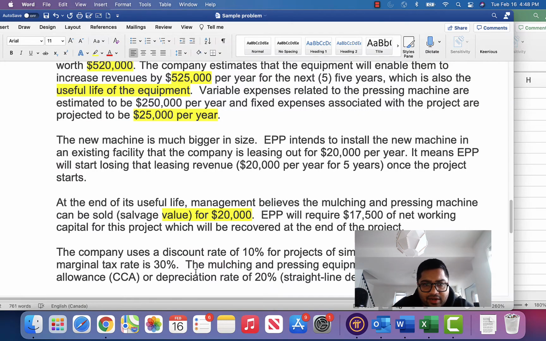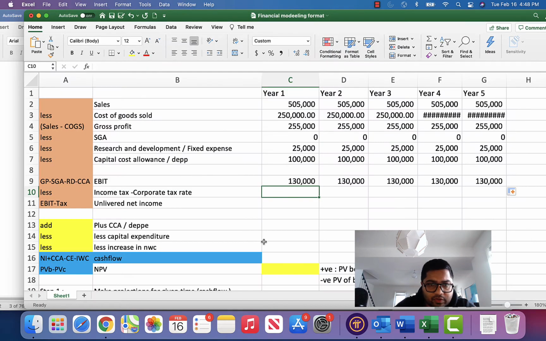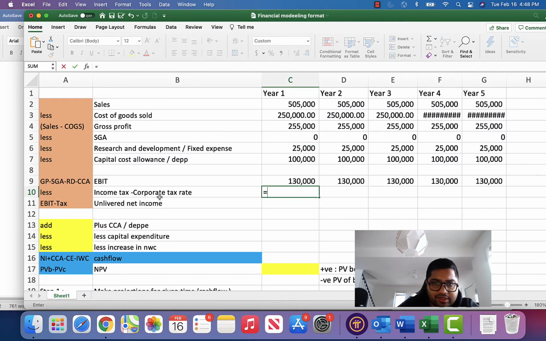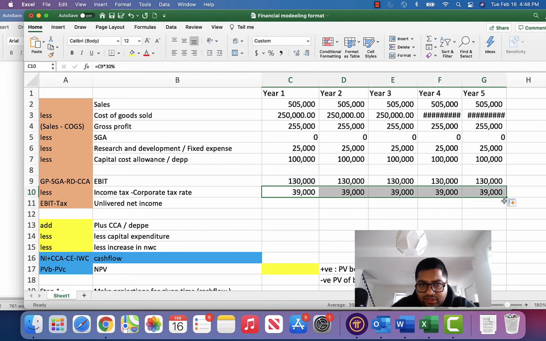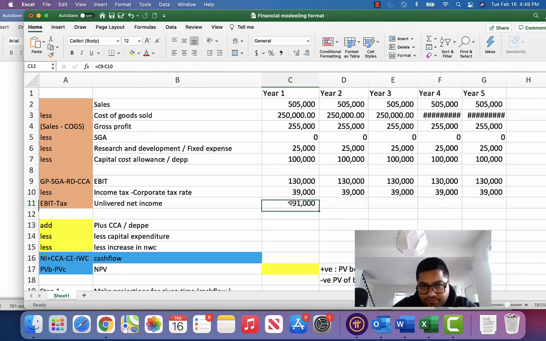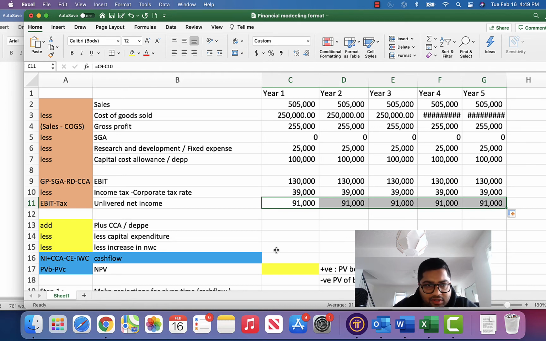Income tax is calculated at 30%, so this multiplied by 30% is the income tax, which is $39,000. Unlevered income is EBIT minus taxes, so we just drag it across.